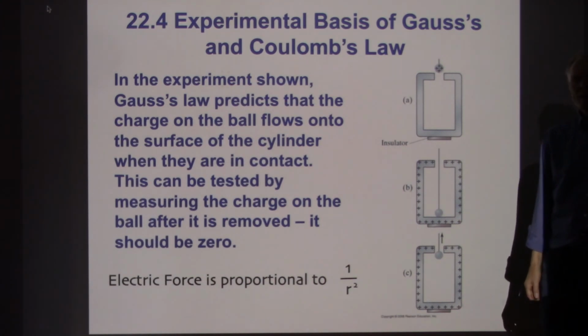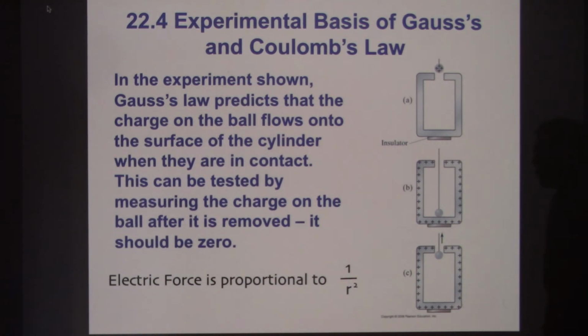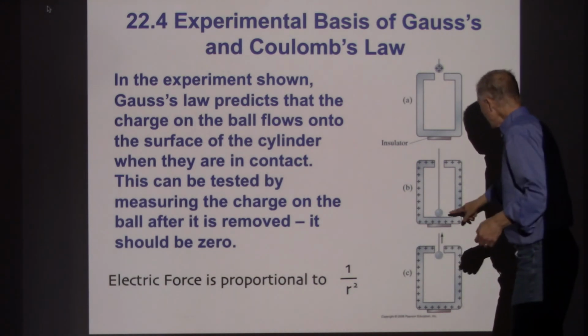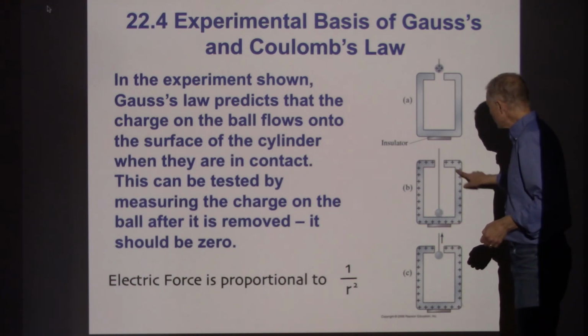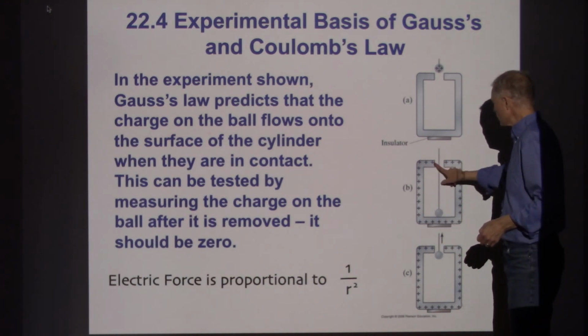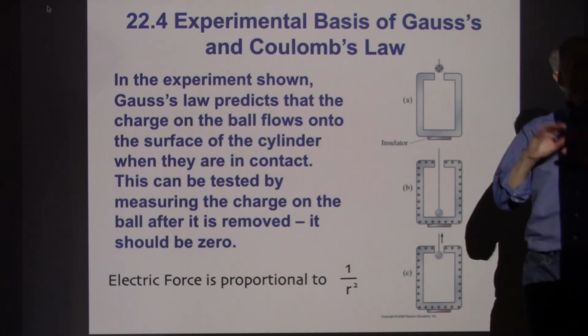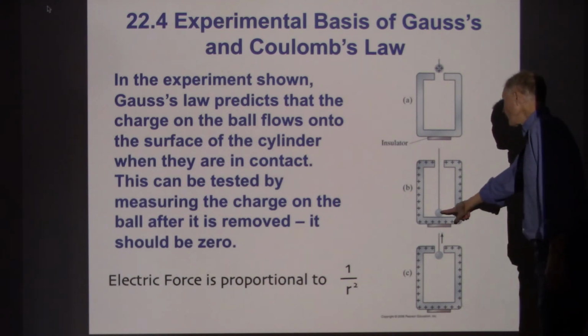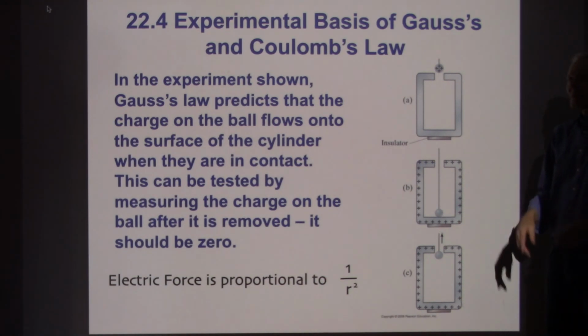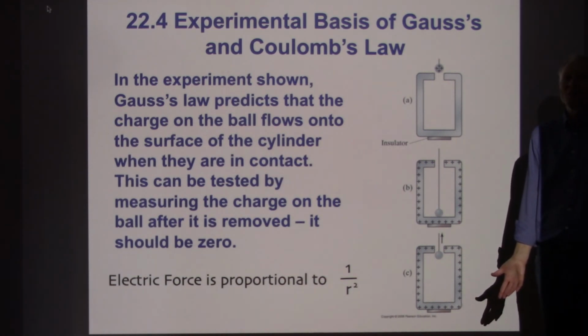Now, if what we've been talking about, Gauss's law, is true, then all of the charge from this sphere should go to the outer surface. So I should be able to get 100% transfer of the charge away. That doesn't mean I won't have any protons or electrons left.